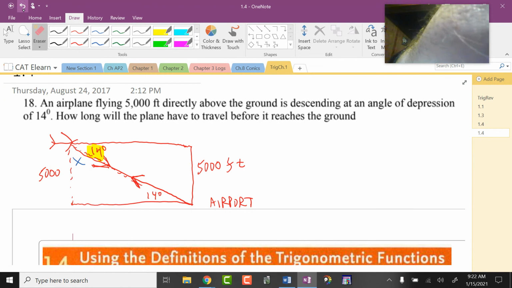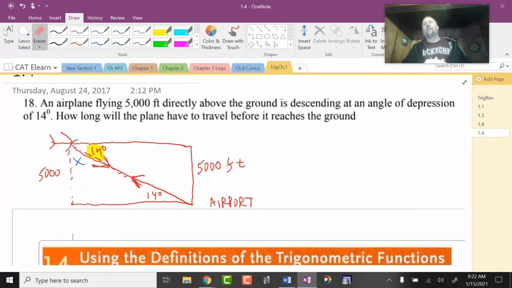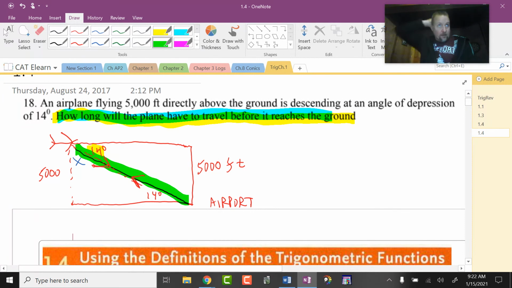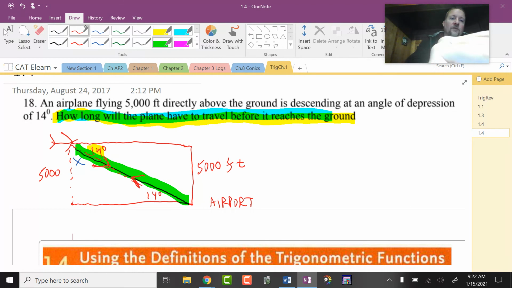But it is often helpful to draw a rectangle and deal with the angle of elevation that's related to the angle of depression. Whatever, how long will the plane travel before it reaches the ground? We need to understand, that is this flight length right there. That's the traveling of the plane. So that is our x.